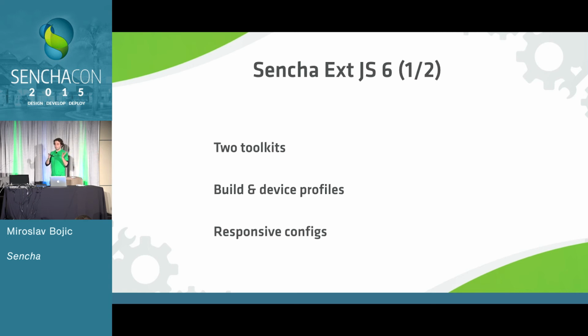You might have a specific build just for, I don't know, a Samsung S3 or something like this. And then finally, there are responsive configs, which can be applied to views or to components, which will help during runtime decide how the application will change its looks depending on whether the viewport size was modified or it was opened on a different device.